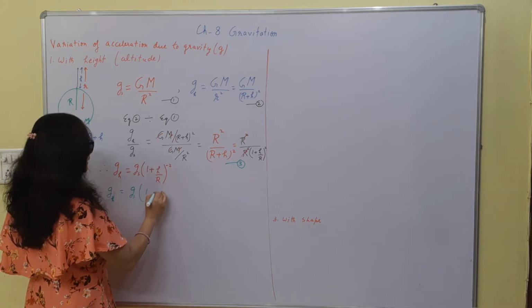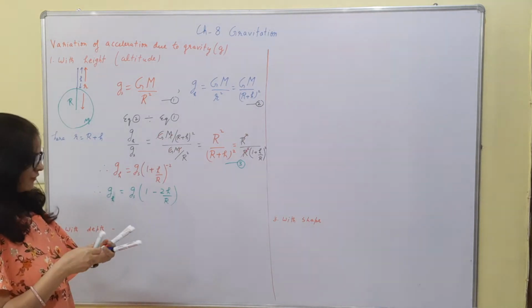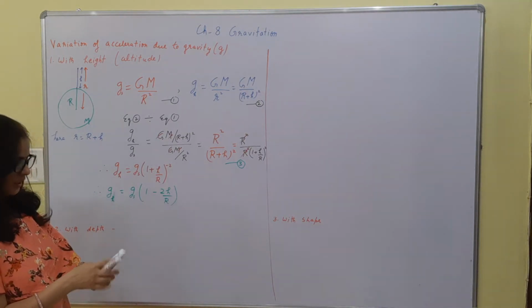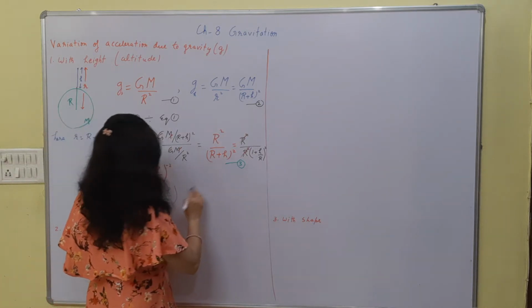And this equation can be written as 1 minus 2h upon R using binomial theorem. We have studied this binomial theorem in chapter 2 also, but I'll remind you how it is.